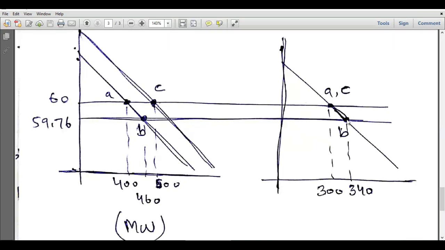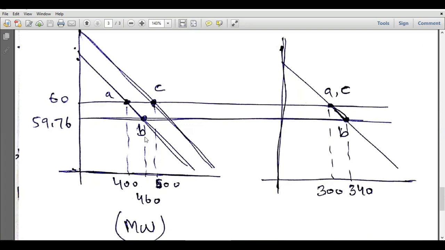Then it will move from 340 megawatts to 400 megawatts. And its new operating point C will lie somewhere over here. And that point would correspond to 400 megawatts and the frequency would be 60 hertz.